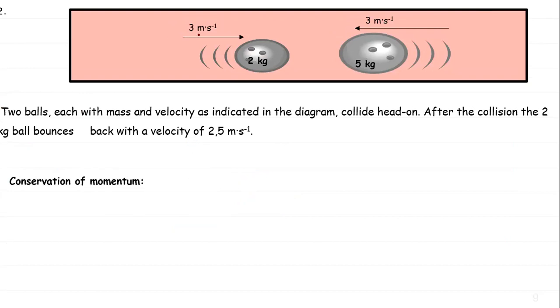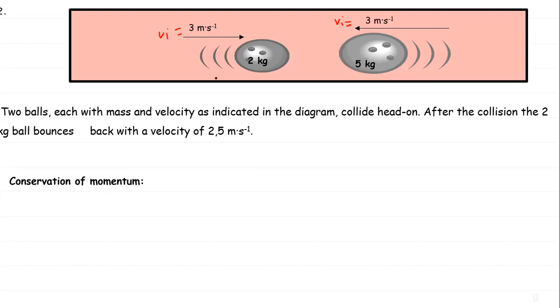So what we see on the diagram there is that before the collision, the initial velocity of the 2 kilogram ball was 2 meters per second, and the initial velocity of the 5 kilogram ball was 3 meters per second.